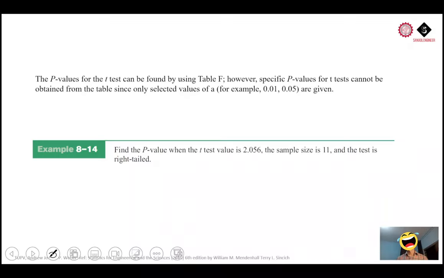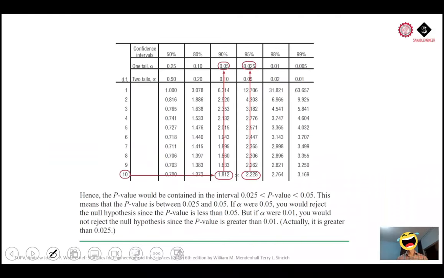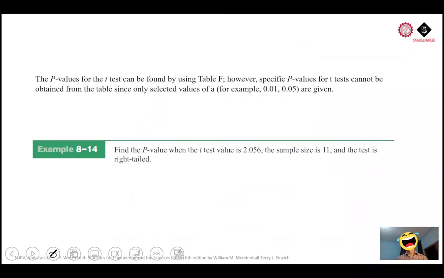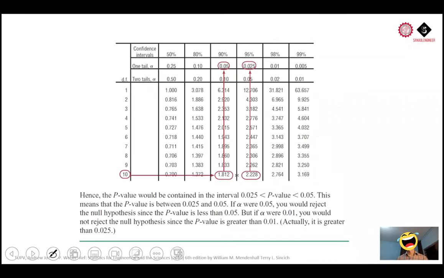The sample size is 11. So the degrees of freedom is simply 10 and the test is right tail. Okay, so if you look at table F, which is shown in the next slide, the value of 2.056 cannot be found, because the table contains only selected values.